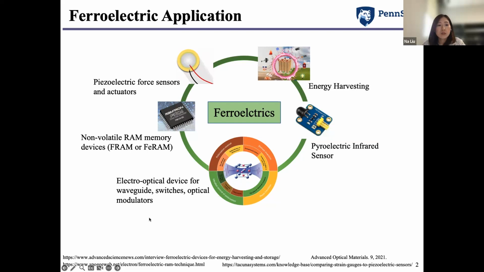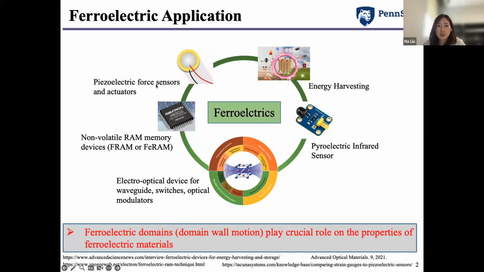And last but not least, ferroelectric materials can also be used in electro-optical devices, such as waveguides, optical switches, and optical modulators. This can be used in high-speed communication or optical signal processing.